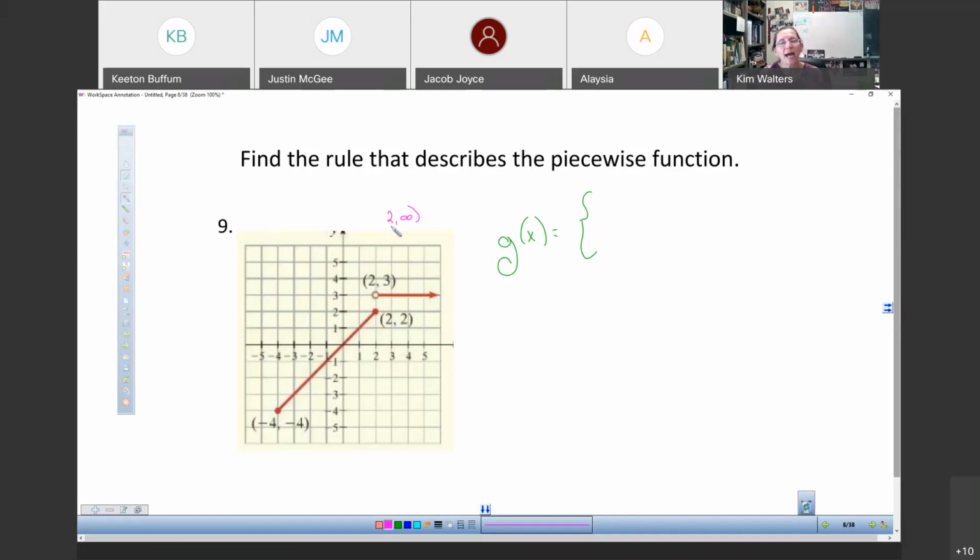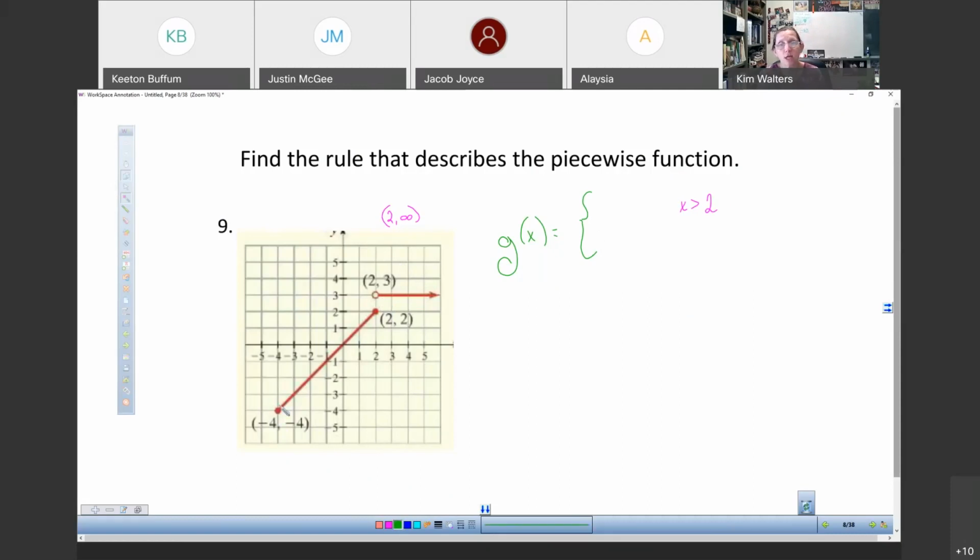And is it going to have a round or a square bracket on the 2 here, Justin? Round. It's going to be round because of my open circle, right? So the other way to write that in terms of my piecewise function would be to say x must be greater than 2, okay?